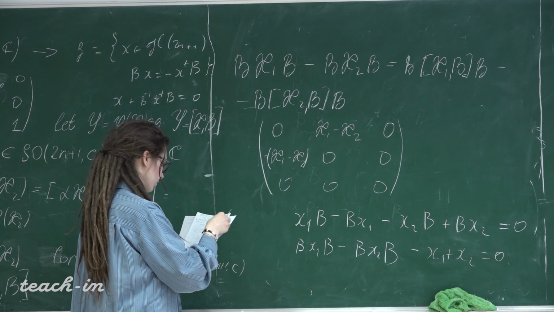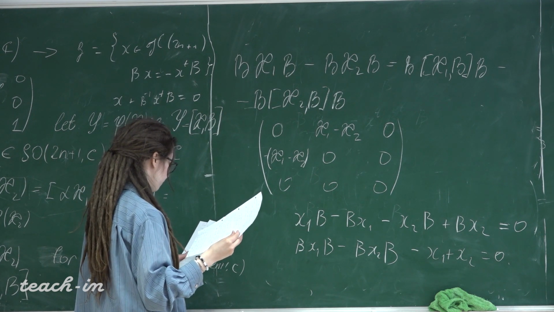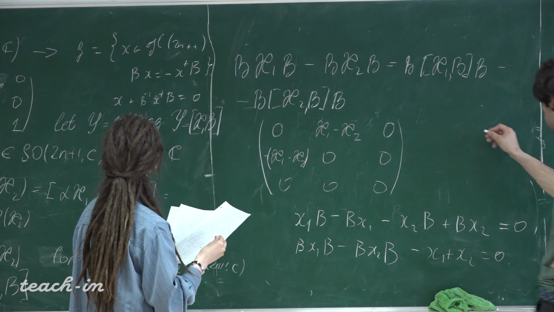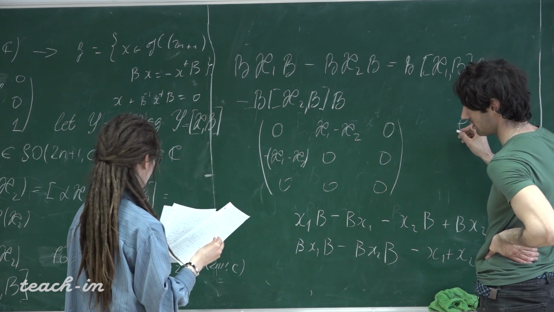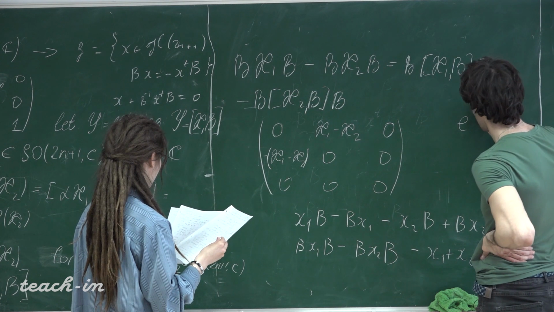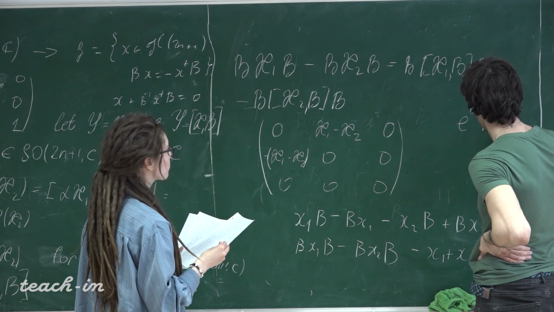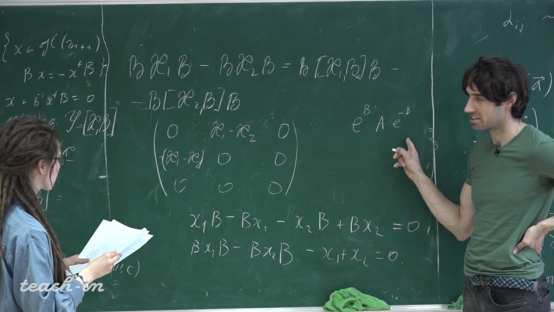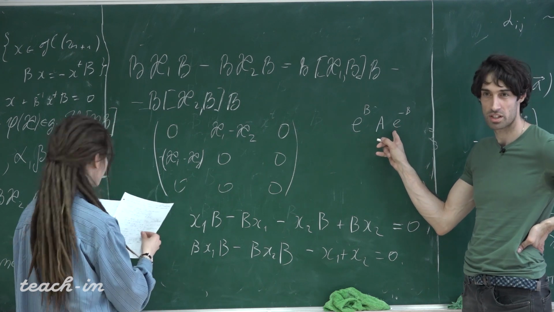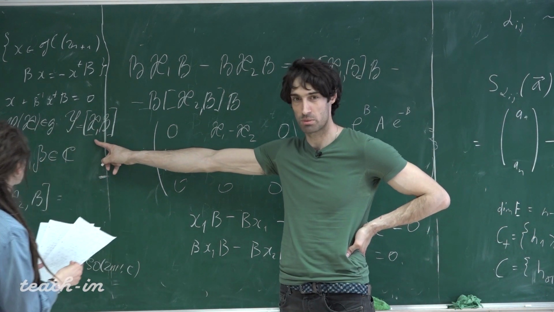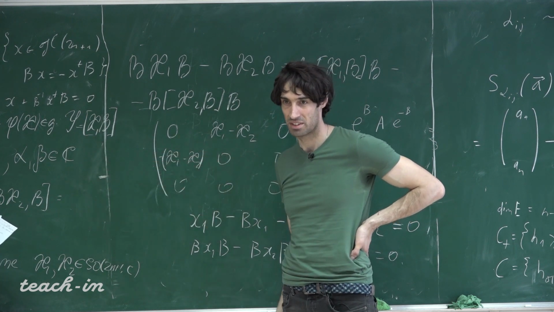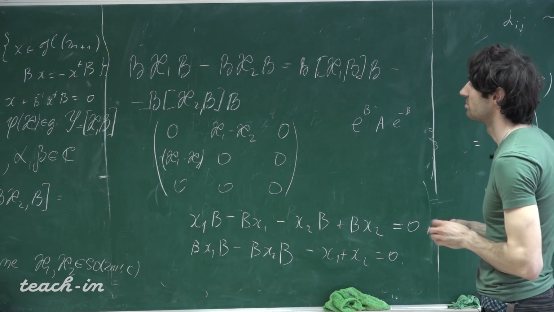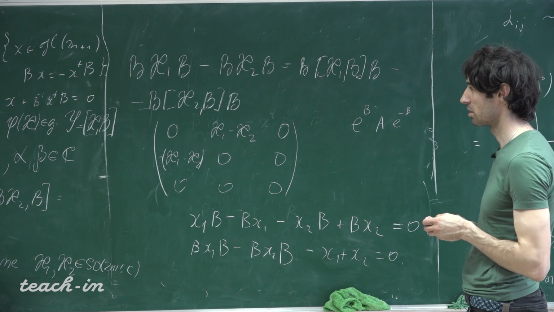This just follows from the fact that if you have a group, then e to the b, a, e to the negative b is a homomorphism of Lie groups, right? And the differential of this homomorphism gives you this homomorphism of Lie algebras. So that's why this is a homomorphism of Lie algebras.